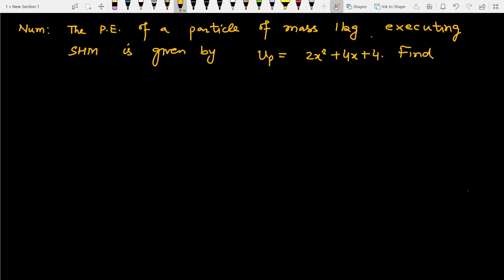Find the force constant and frequency of oscillation.